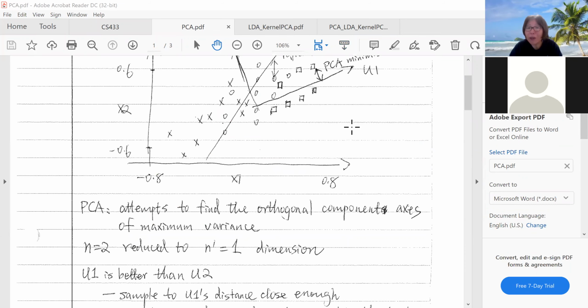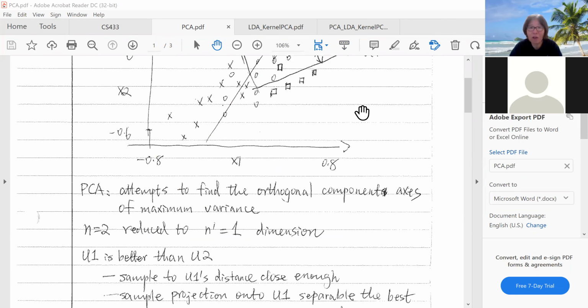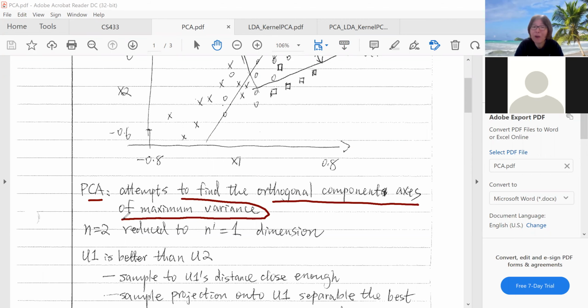Visually, I think we can understand it. So let's see the theoretical side. PCA attempts to find orthogonal component axes of maximum variance. Okay, so this is the most important. In our case, that's what we just discussed. Previously you had X1 and X2.